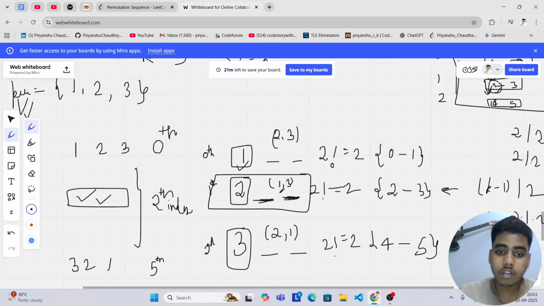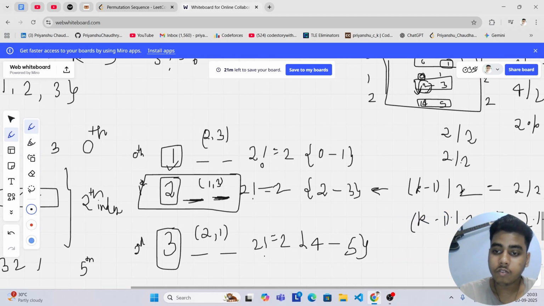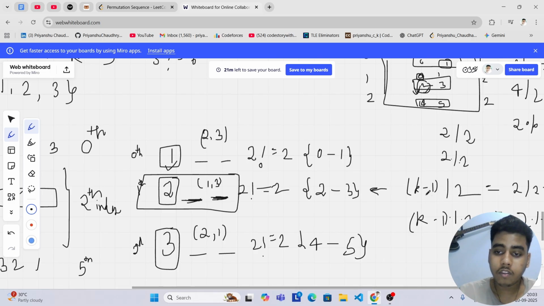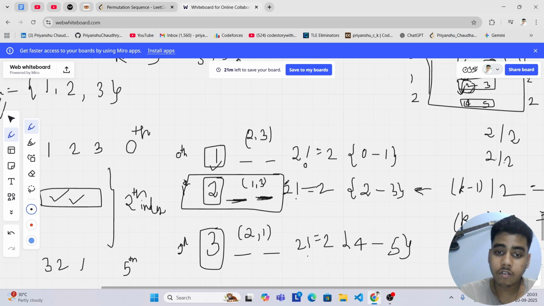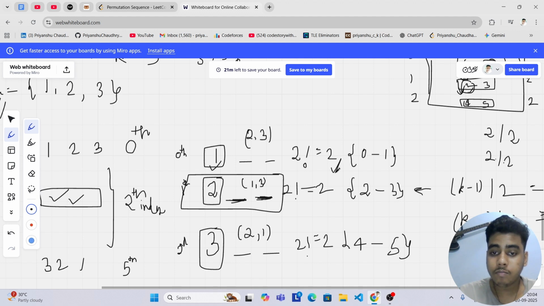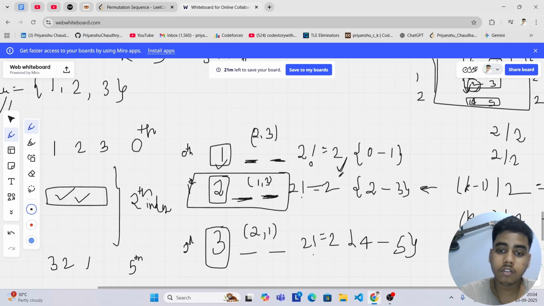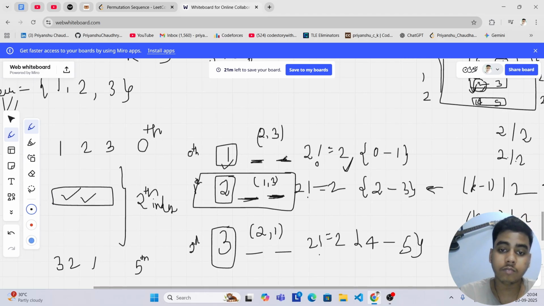So how was I knowing which element I want? I was dividing k by the size of every block. So in this case, what was the size of this block? The size of the block here was 2 factorial. Alright, so first of all I have to find out the size of the block, then I can move ahead.